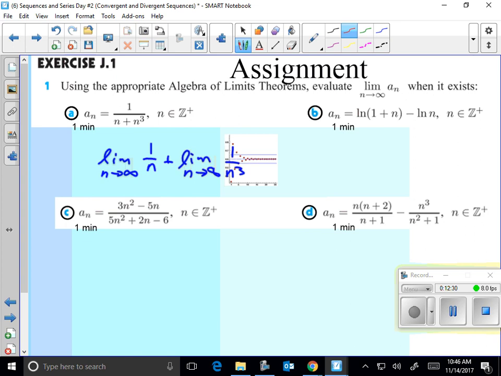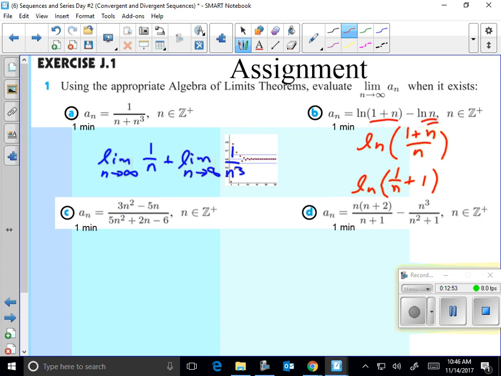How about B? Well, what can I say about this? What can I do with these two things? Divide them because it's subtraction, so it'd be 1 plus n over n. And I could actually rewrite that to be 1 over n plus 1. And do you remember this?